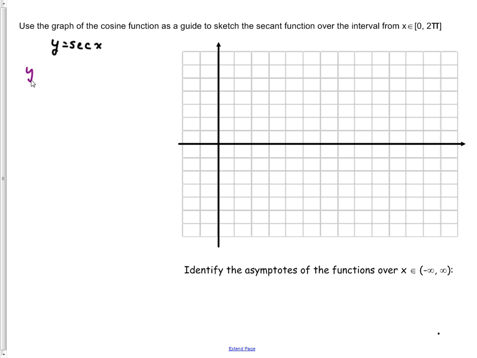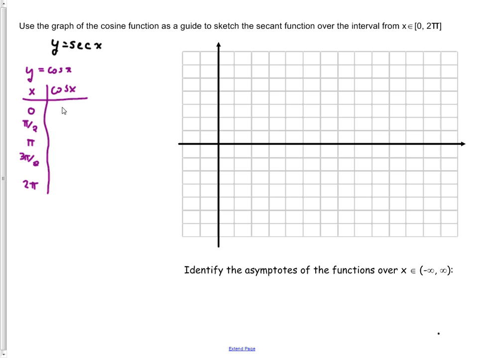So let's start with what we know. y equals cosine of x. Over a basic period, we know the key points within one full cycle of the cosine of x function are 0, pi over 2, pi, 3 pi over 2, and 2 pi.